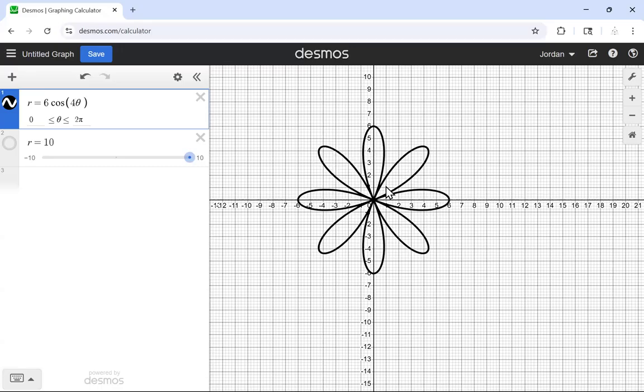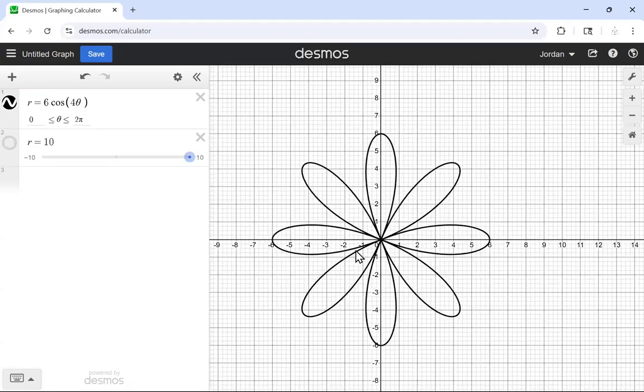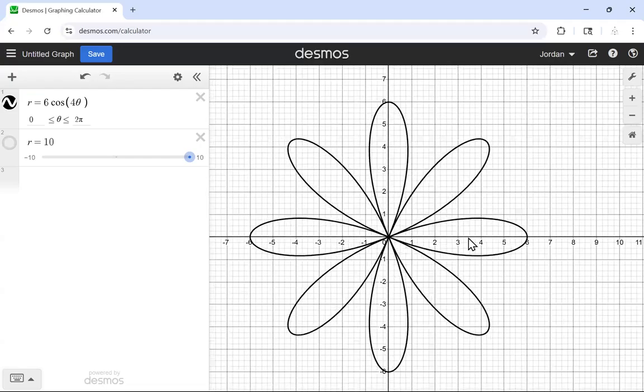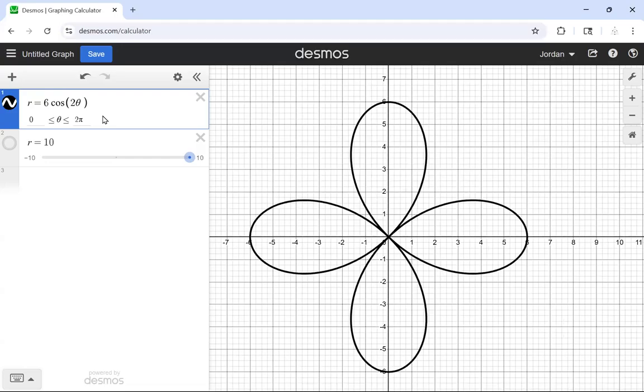What if I put something even? So what if I took 6 times cosine of 4 theta? Well, if I put a 4 theta in there, I don't get 4 petals. I actually get 8 petals. If I put a 2 inside of there, I get 2 theta on the inside of my argument, and that gives 4 petals.